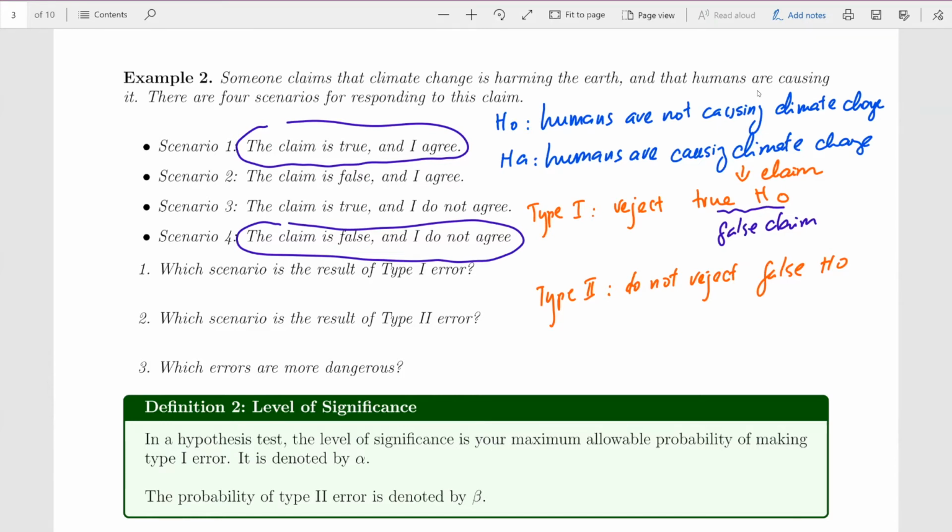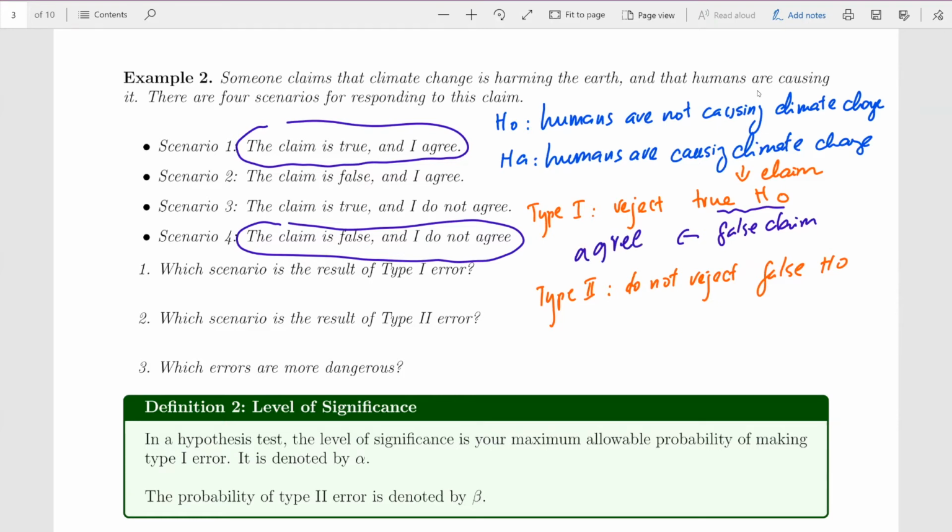I reject the null hypothesis. I reject this false claim. That means I agree with this false claim. Right, I reject the null, I agree with the claim. So I agree with the false claim.